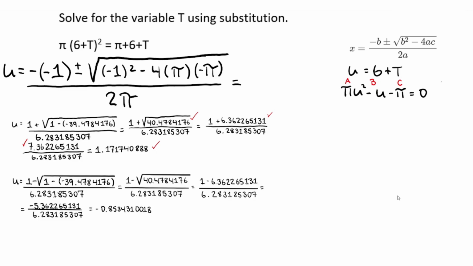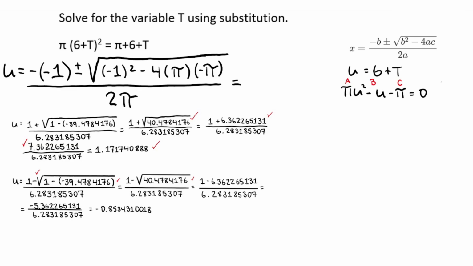For the second solution, we have 1 minus the square root of -1 squared minus 4 times pi times -pi, giving us this number here. And then we took 1 minus -39.4784,176, giving us this number here.